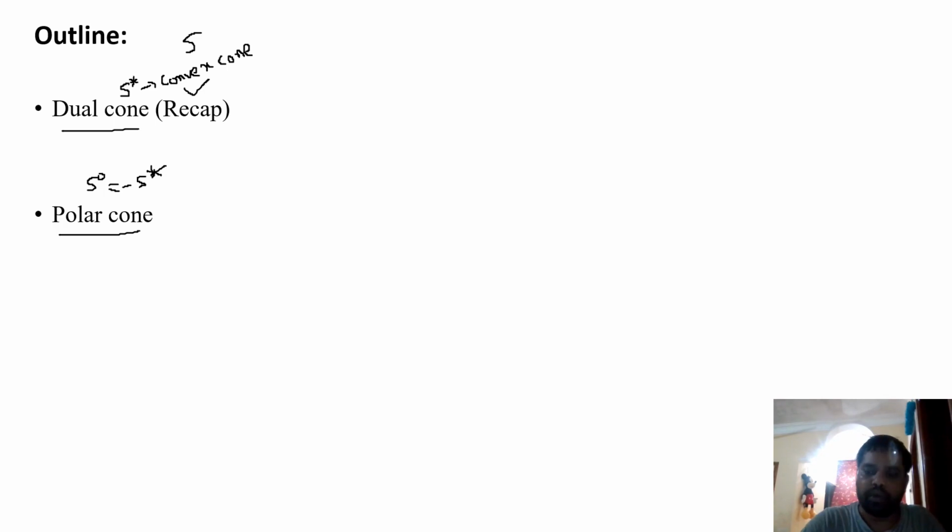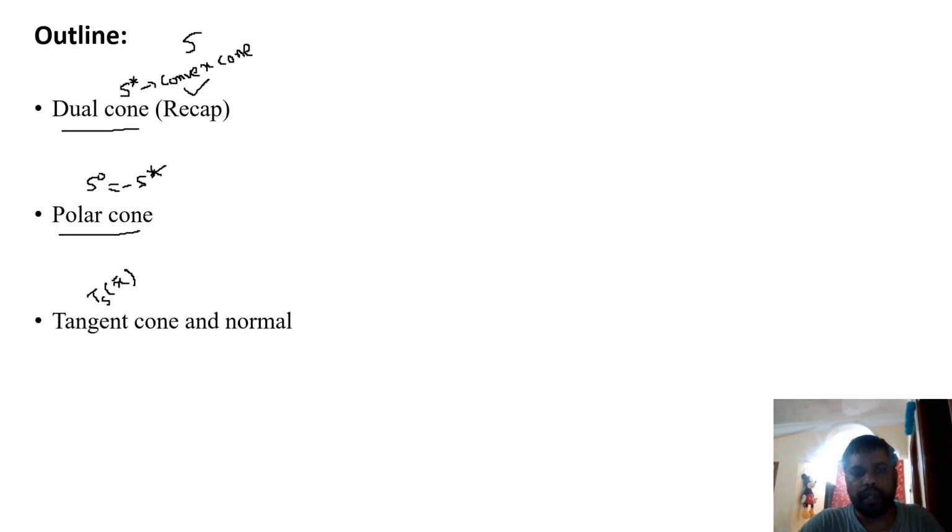Once we cover the polar cone, I will discuss two special cases of the dual cone and polar cone: the tangent cone and the normal cone. The tangent cone happens to be a special case of the dual cone, and we always define it with respect to a boundary point of a given set.